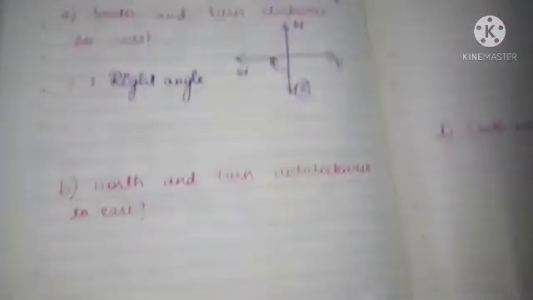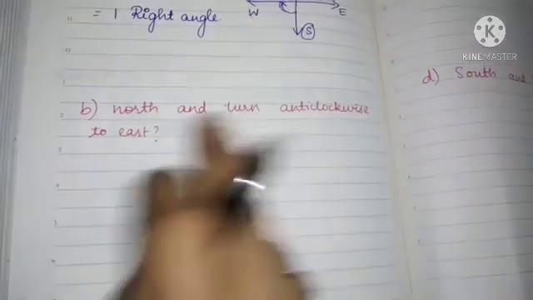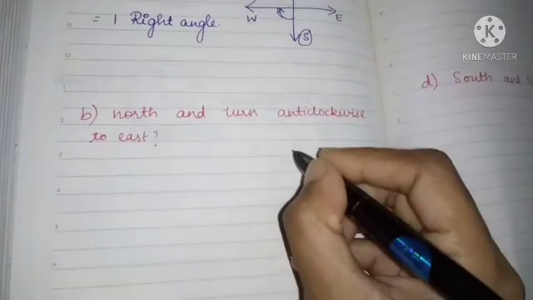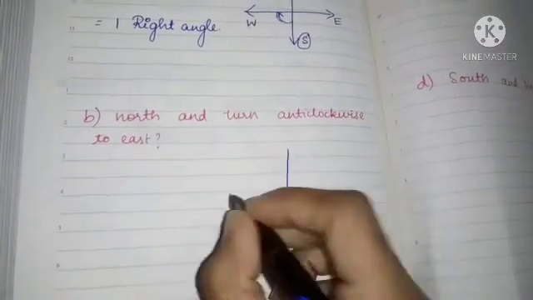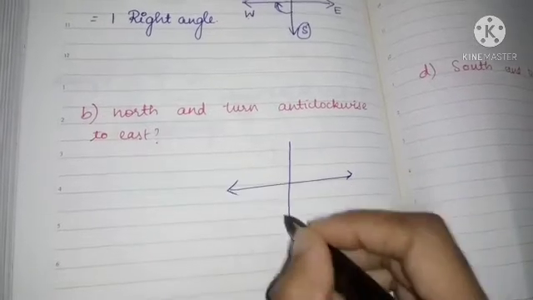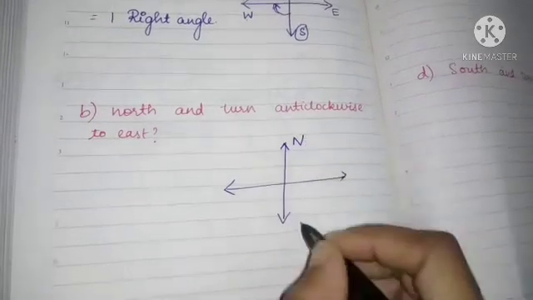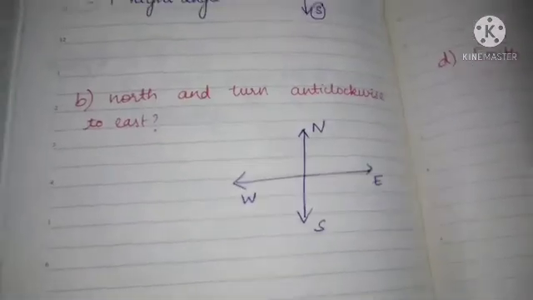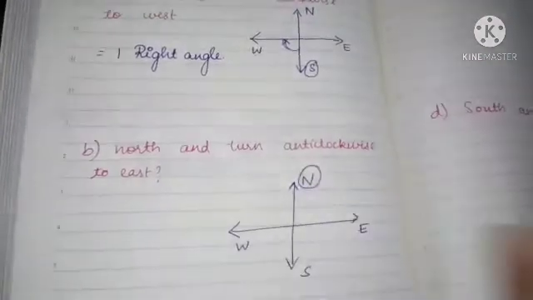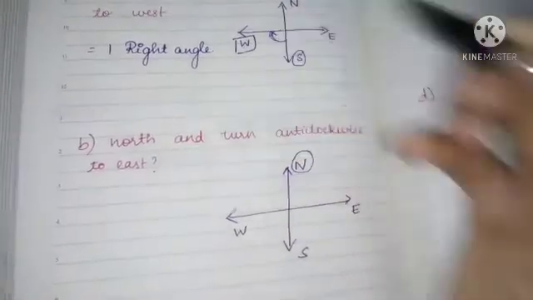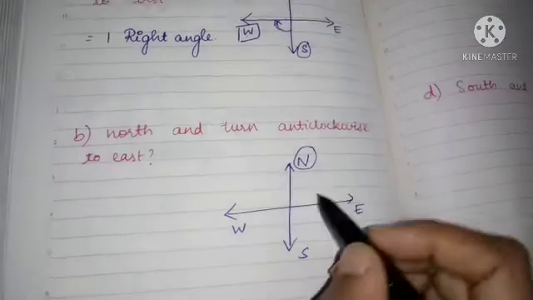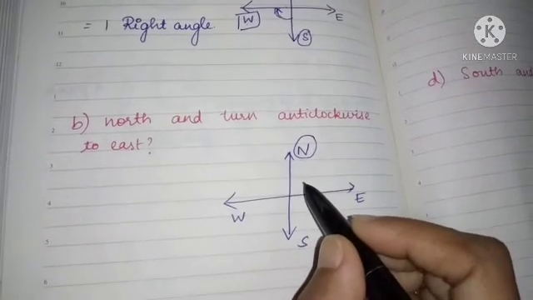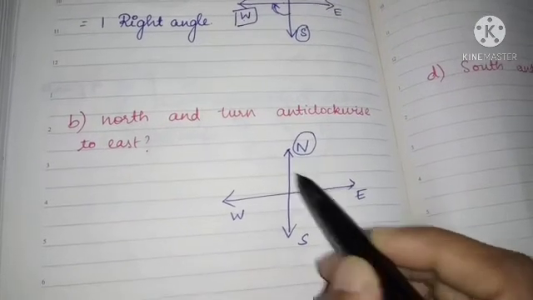Next, B problem. You are at south and turn anti-clockwise to east. So what you will do? You will draw the directions north, south, east, west. You are at south and turn in the anti-clockwise direction. What is anti-clockwise? This is clockwise.